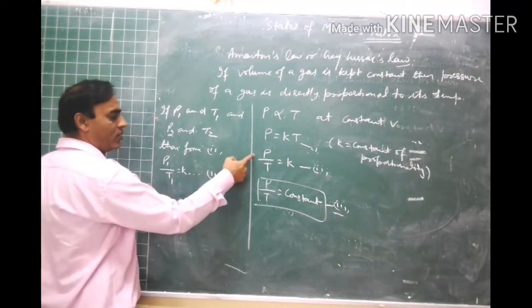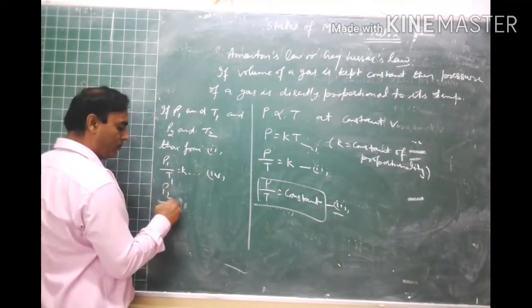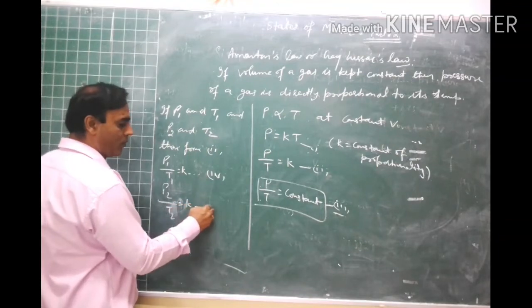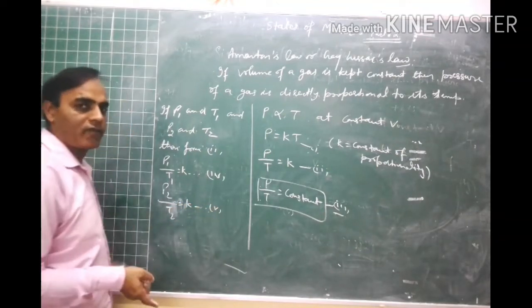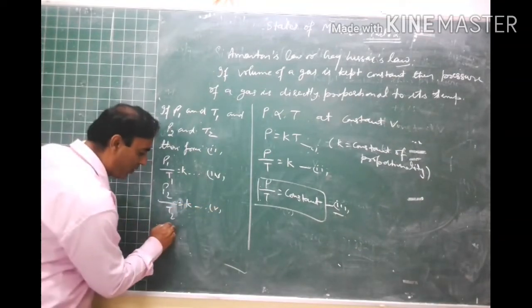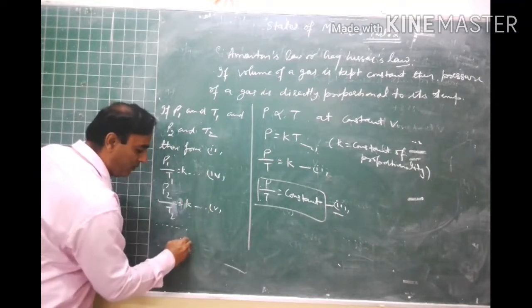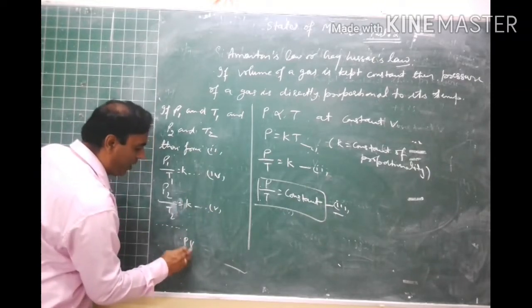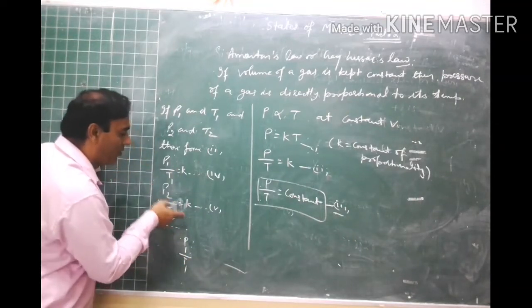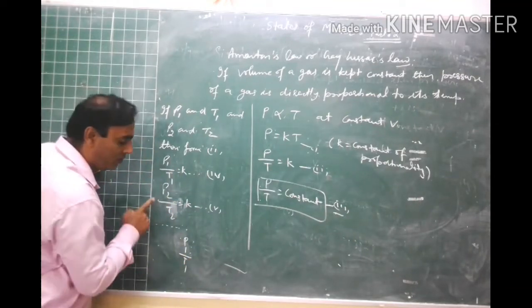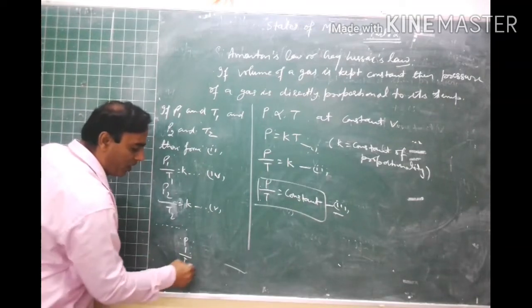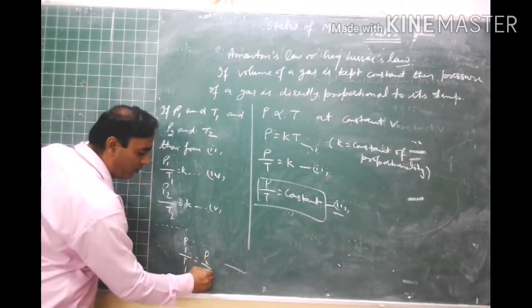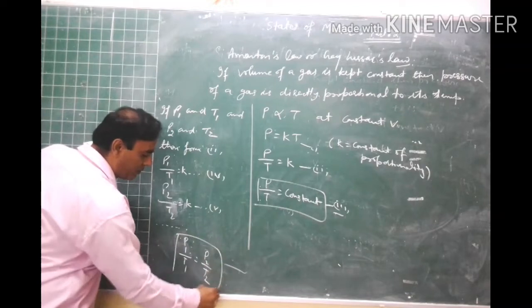Similarly P2 upon T2 is equal to K, suppose this is equation number 5. From equations 4 and 5, because both are equal to K, P1 upon T1 is equal to P2 upon T2, right?